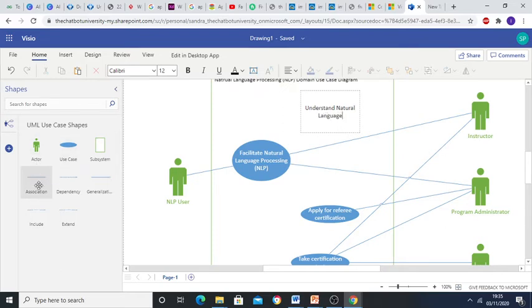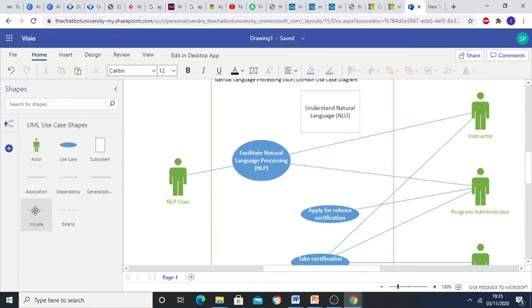Yeah? Natural language is included in the facilitation of natural language processing. Natural language understanding, NLU, is included in the attempt to facilitate natural language processing.